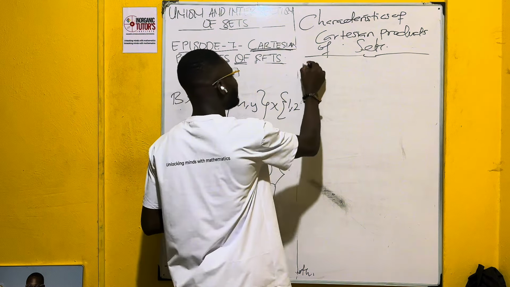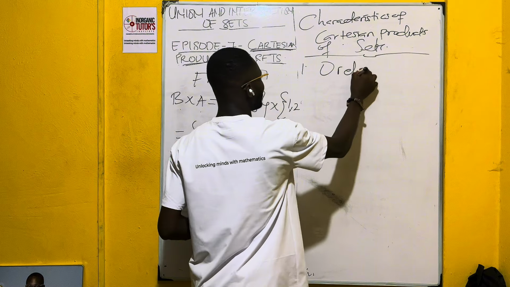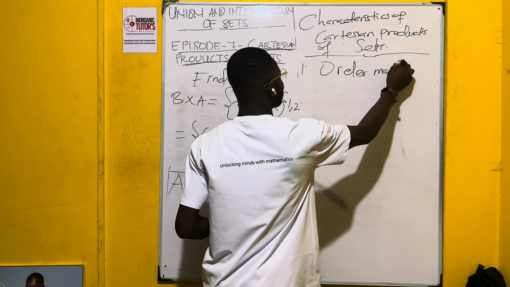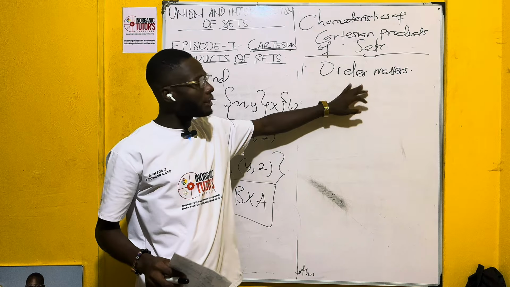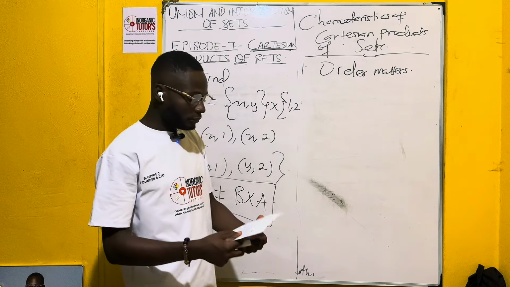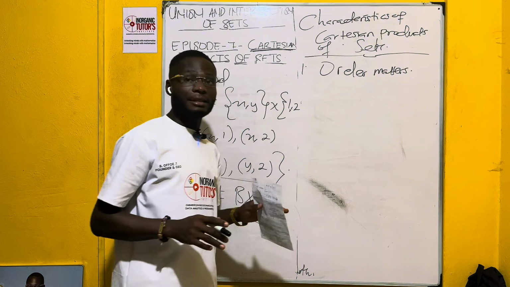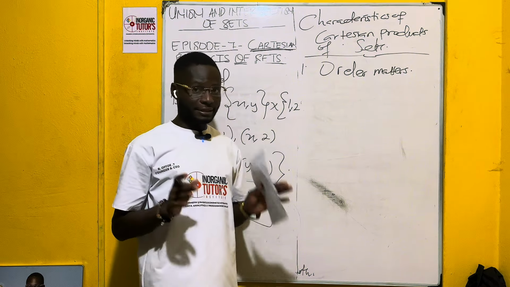So our first characteristic is order matters. This is the most important characteristic that you have to know. Order matters. Now, the Cartesian product is based on ordered pairs.